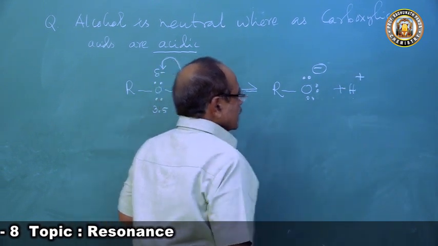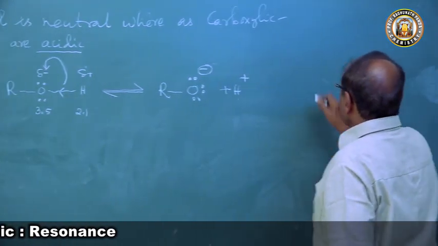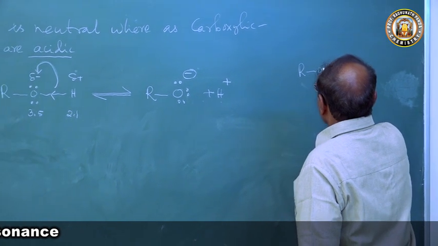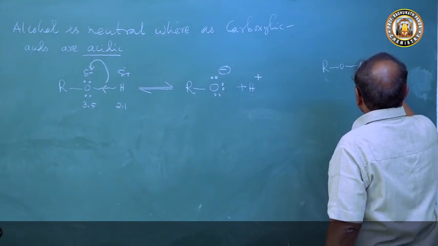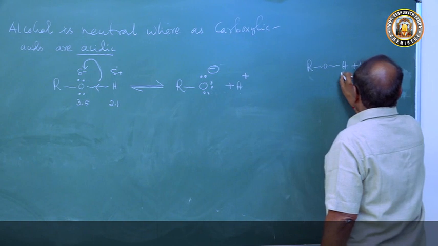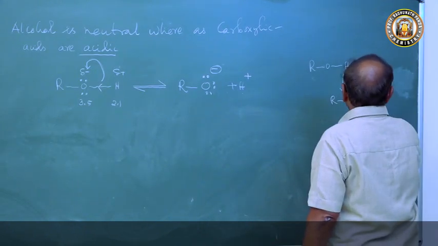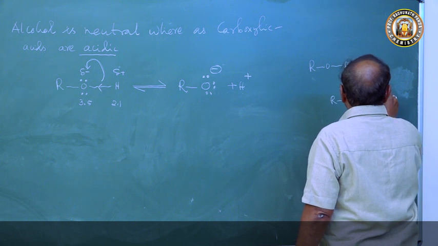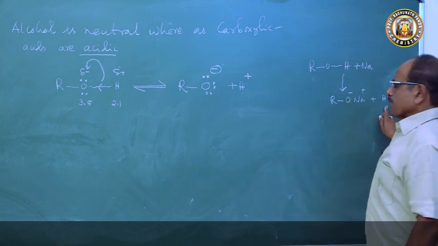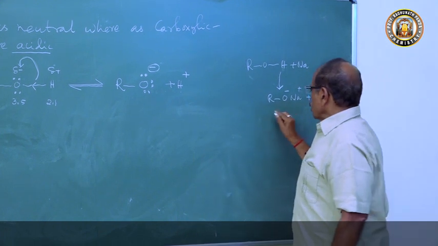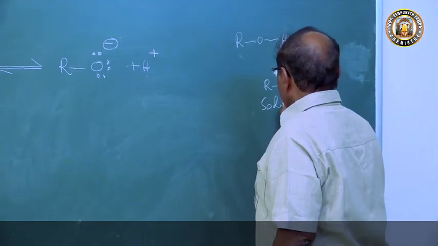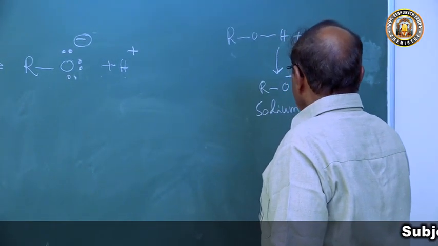So this dissociation is supported by which reaction? If you take alcohol ROH and treat it with sodium, it forms sodium alkoxide, RO minus Na plus, and nascent hydrogen.